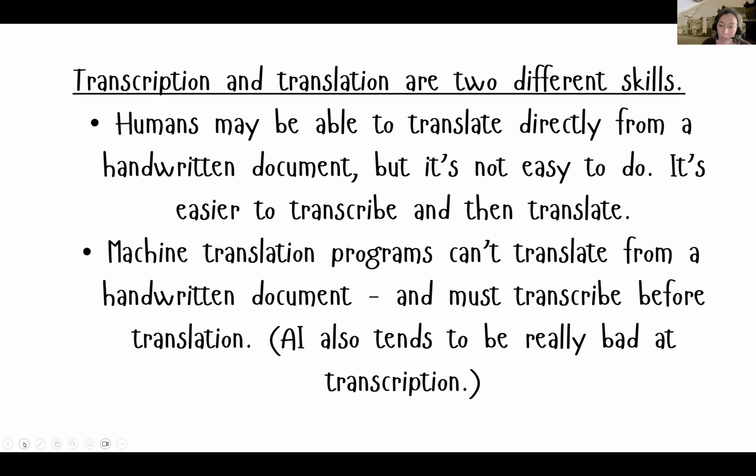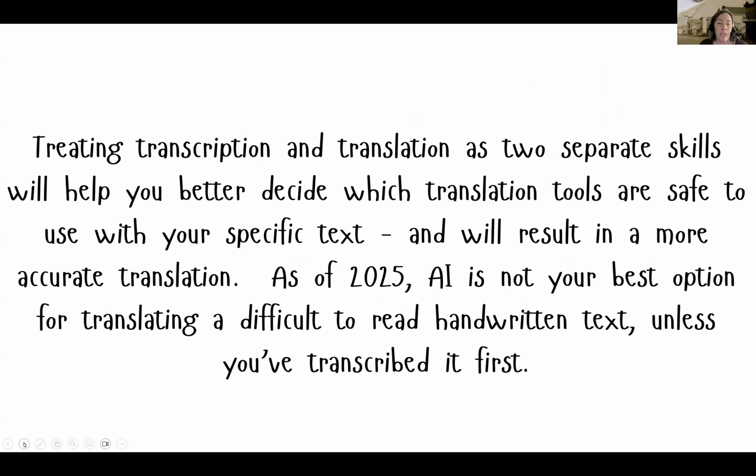Well, among other things, AI also tends to be really bad at transcription. Treating transcription and translation as 2 separate skills will help you better decide which translation tools are safe to use with your specific text, and will inevitably result in a more accurate translation. As of 2025, AI is not your best option for translating a difficult to read handwritten text unless you've transcribed it first.